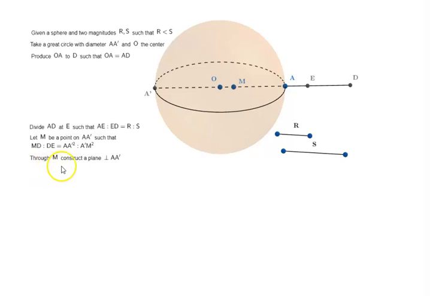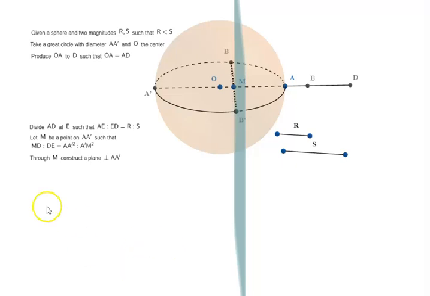Now, through M, construct a plane perpendicular to AA prime. And, although not mentioned, let's mark the intersection of this plane with the great circle BB prime, and let's join these 2 points.